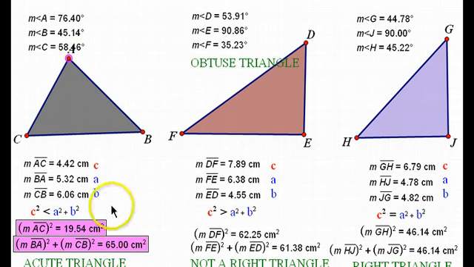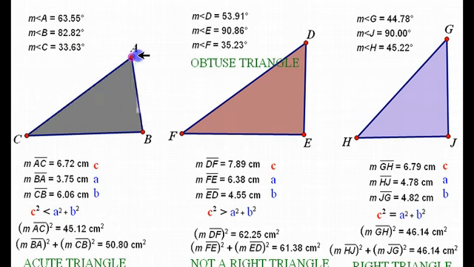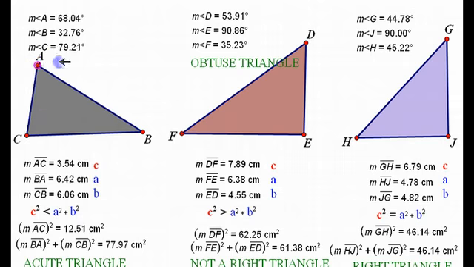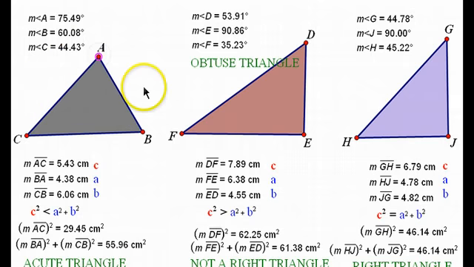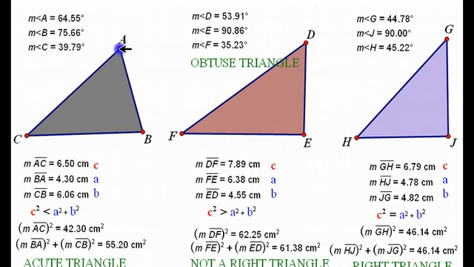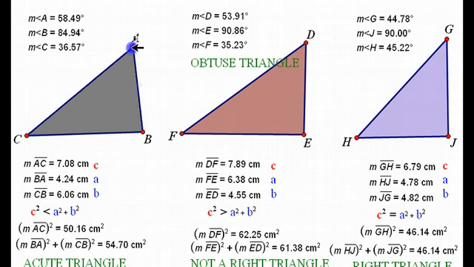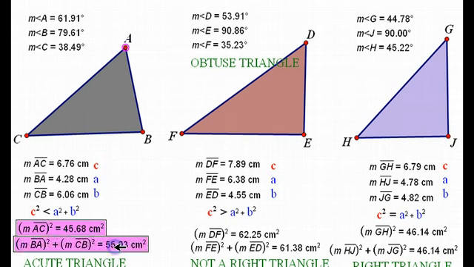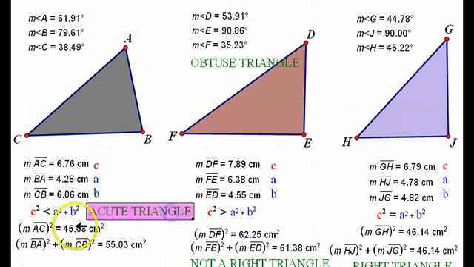What do you think? It looks like it is. Then as long as we have an acute triangle, no angle equal to 90 degrees or larger, for an acute triangle, C squared is always going to be less than A squared plus B squared.